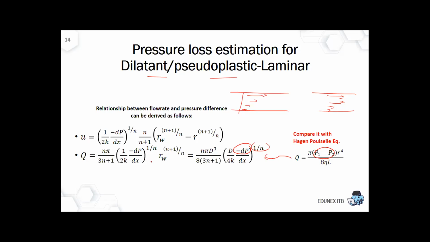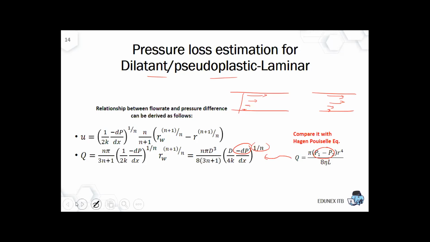This slide is only for showing you that basically the Hagen-Poiseuille equation has its compatriot, a similar brother or sister for non-Newtonian flow estimation. So we cannot use the U-type viscometer anymore due to this fact.